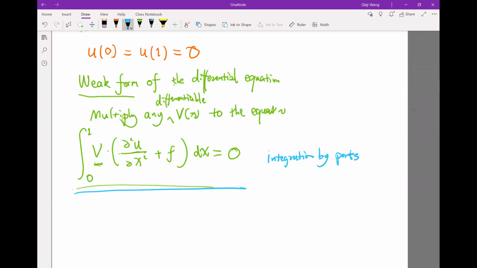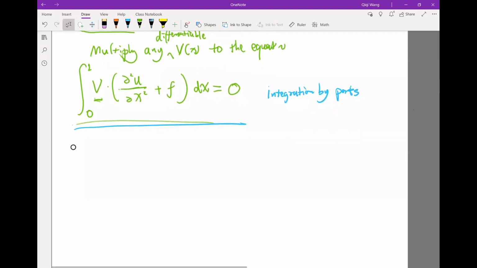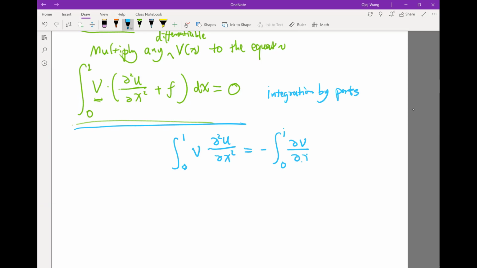Okay, integration by parts. Integration by parts basically says that if I have an integral from 0 to 1 of v of x times the second derivative of another function u, it is equal to the negative of the same integral, where I put the v, which was originally not differentiated, into a derivative, and the u is taken out of one level of derivative.